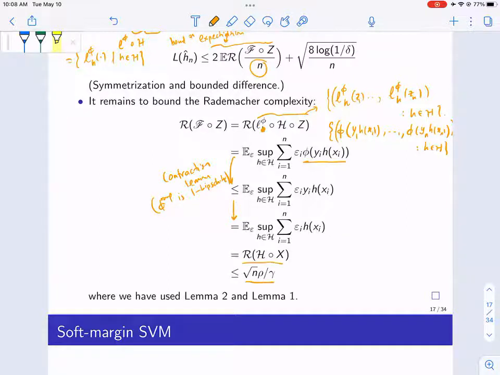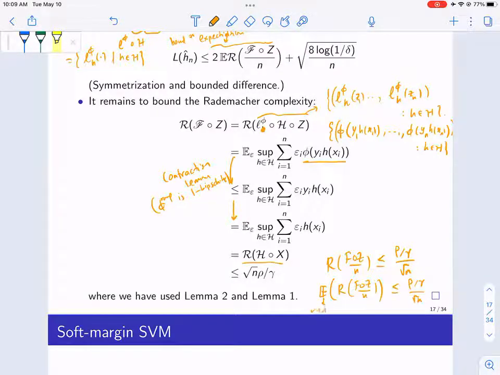So when you divide by n, R FOZ over n is bounded by rho gamma over root n, right? And this right-hand side doesn't depend on the z's, right? So I get FOZ over n less than rho gamma over root n.